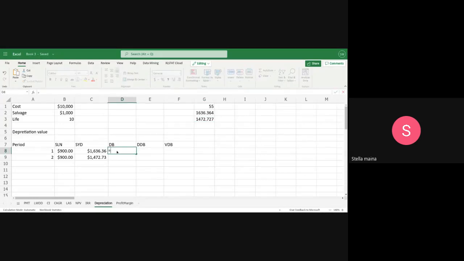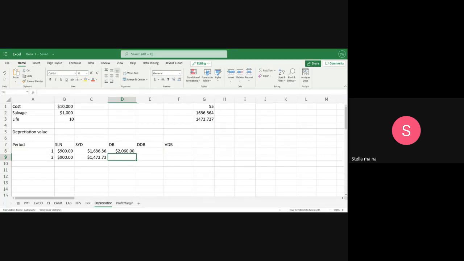You say is equals to DB into the cost, which is going to be B1, and then the salvage, which is going to be B2, and then the life, which is going to be B3, and then our period, which is now going to be A8 for our case. So that is for declining balance.